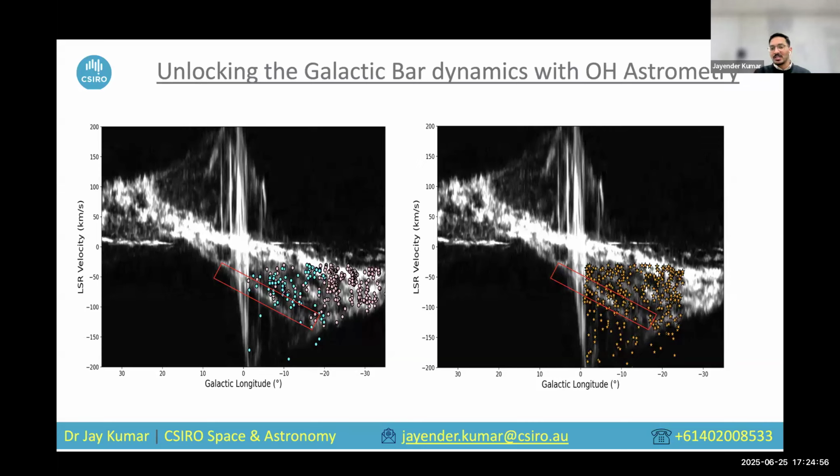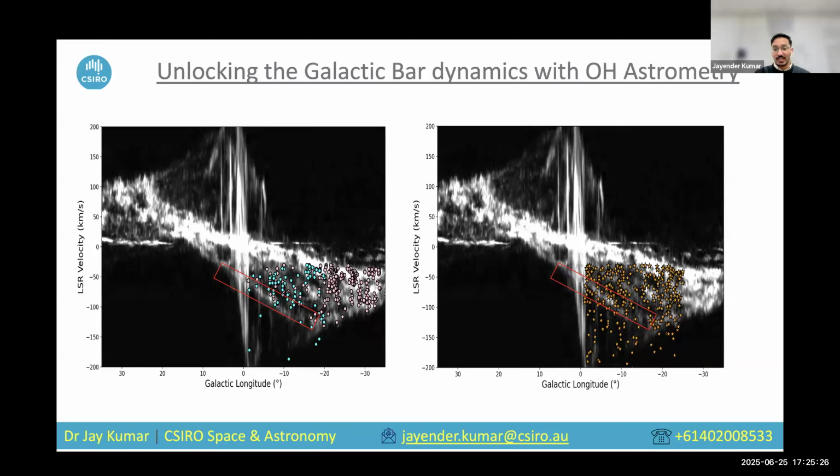So there, as you can see, there are many more targets available for me to look at and select my best 4 or 5 targets, for which I can do astrometry and get parallaxes. That's why the OH maser enables a new tool to look at regions which haven't been explored before.